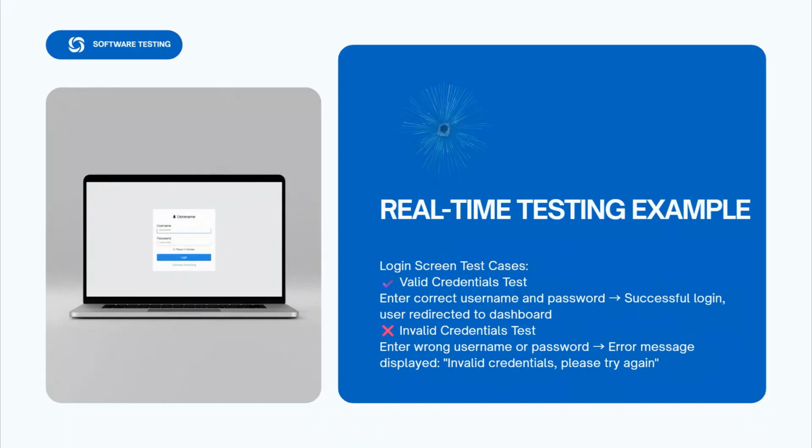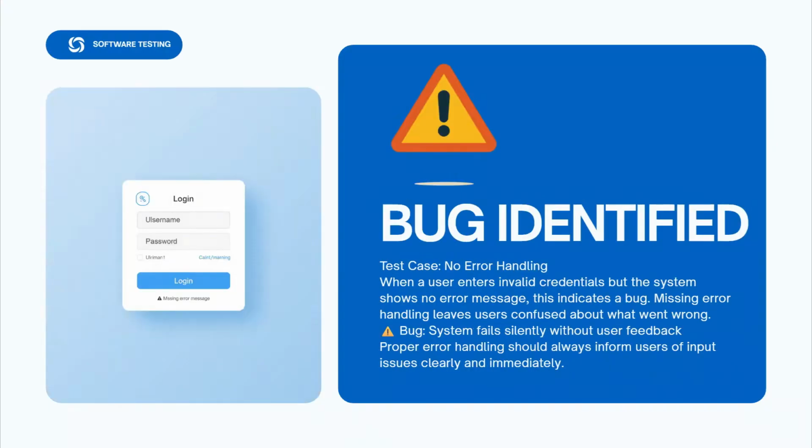If it is throwing an error, it is behaving correctly. If you enter invalid credentials, it is not showing any error and it is allowing you to log in, that is a defect. That is what we will find out in our application. That is called a bug.